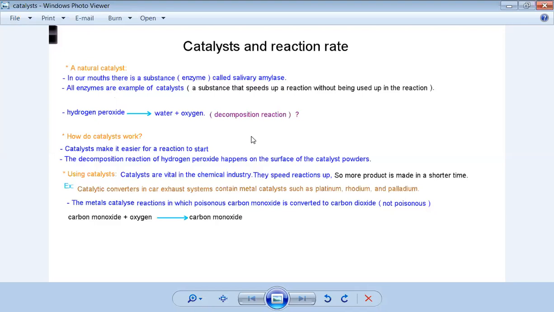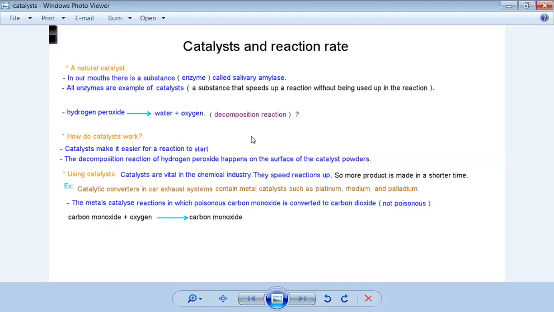They are using them even in big industries, such as plastic, polyethylene, and so on, so they can get more products in less time. So that's why they are so important.